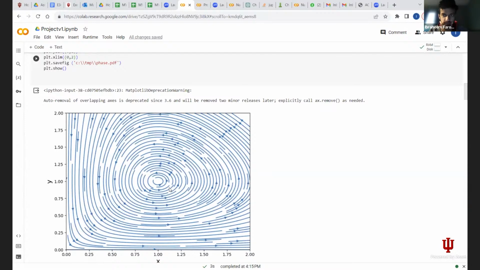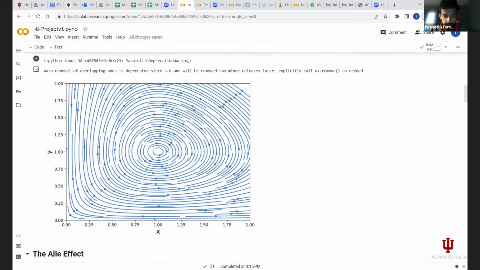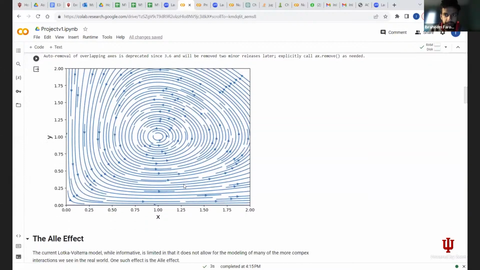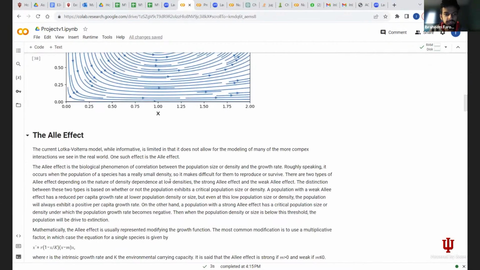But like I mentioned before, this is not necessarily the most accurate. It's a good basic starting point, but not necessarily the most accurate representation of real life.